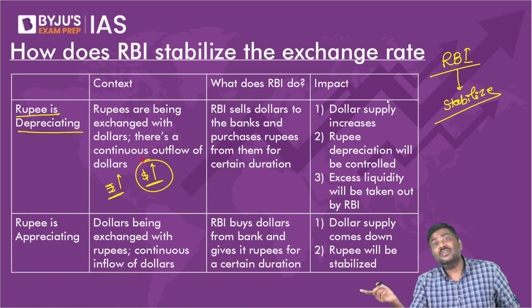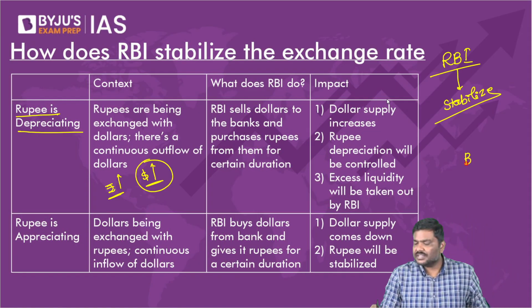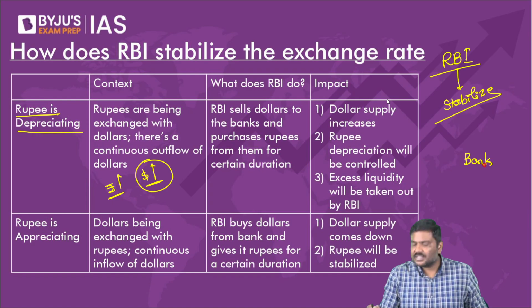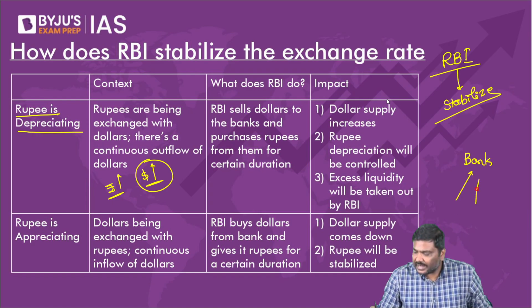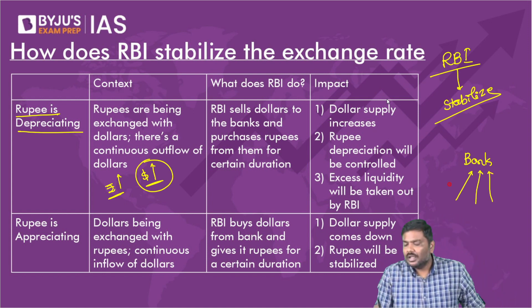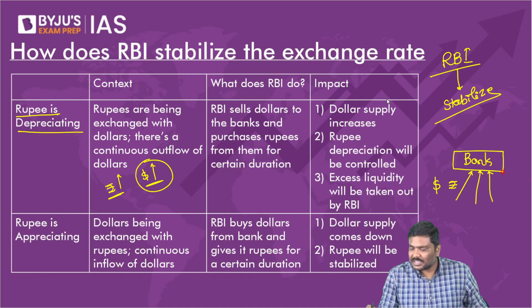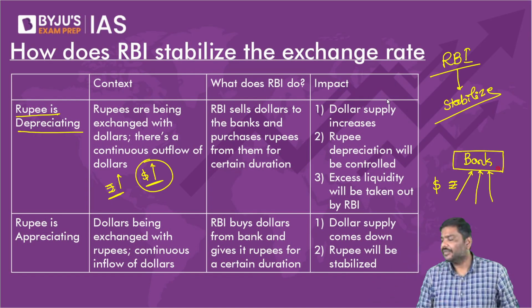If demand for dollar is very high, RBI will sell dollars to the bank. Simple idea. Imagine this is a bank. From the market, a lot of people, investors, individuals, etc., are selling rupees and buying dollars. Agreed? The bank is part of the forex market.